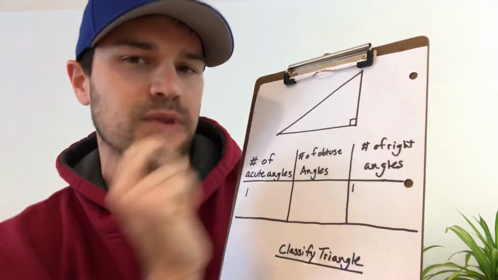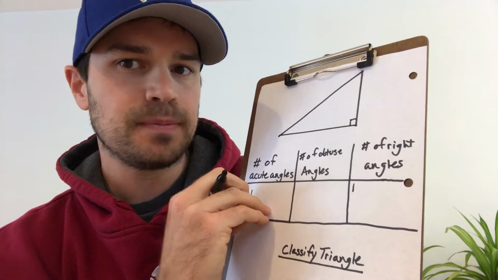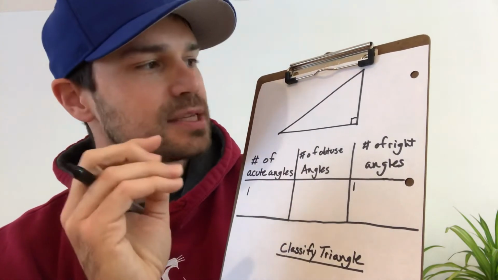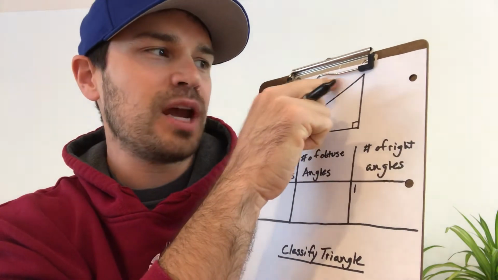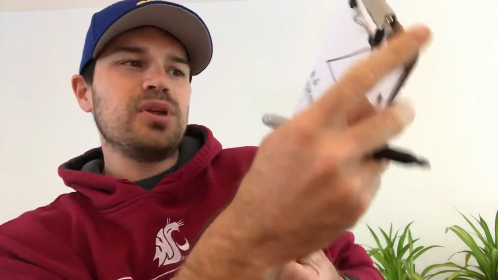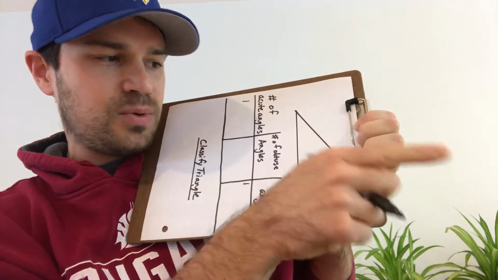I'm just making tally marks, and then I'll make a final number after I count them up. Then we look at our last one, up here. Remember, obtuse is greater than 90, a right angle is exactly 90, and an acute is less than 90. If it were 90, a line would come here and go down like this, so it's not 90. And it's certainly not greater than 90, because it would be over there if it was.